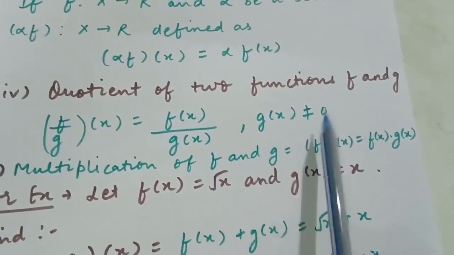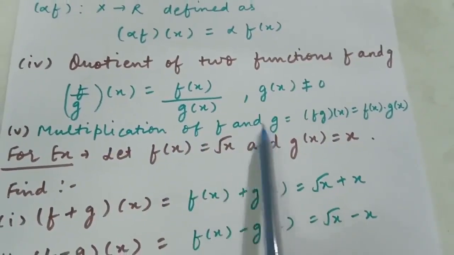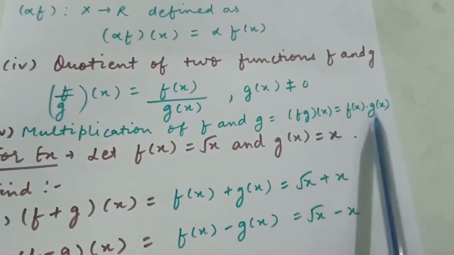Also g(x) should not equal 0. Multiplication of two functions f and g is (fg)(x), which is f(x) into g(x).